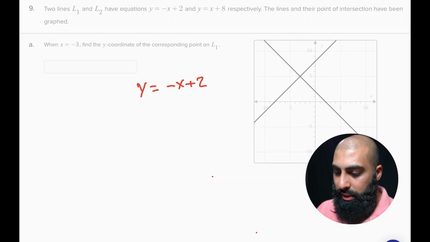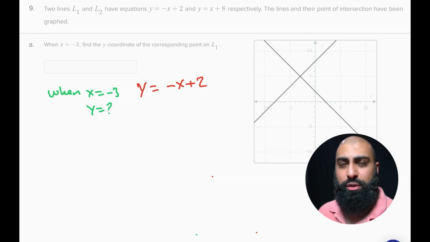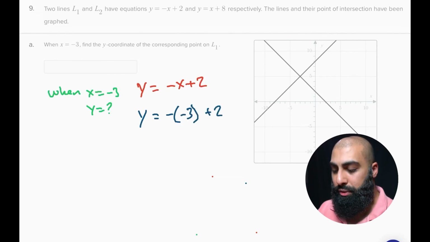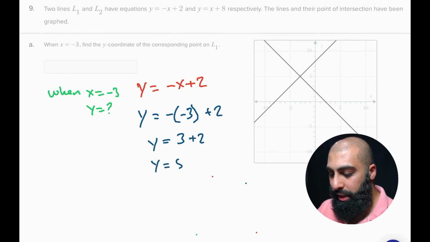They told us that when x is equal to -3, find the y value. So we're just going to substitute the value of x into the equation to see what we get for y. We can do y is equal to minus a -3 plus 2. Minus -3 is 3, plus 2. So we end up getting a y value of 5.